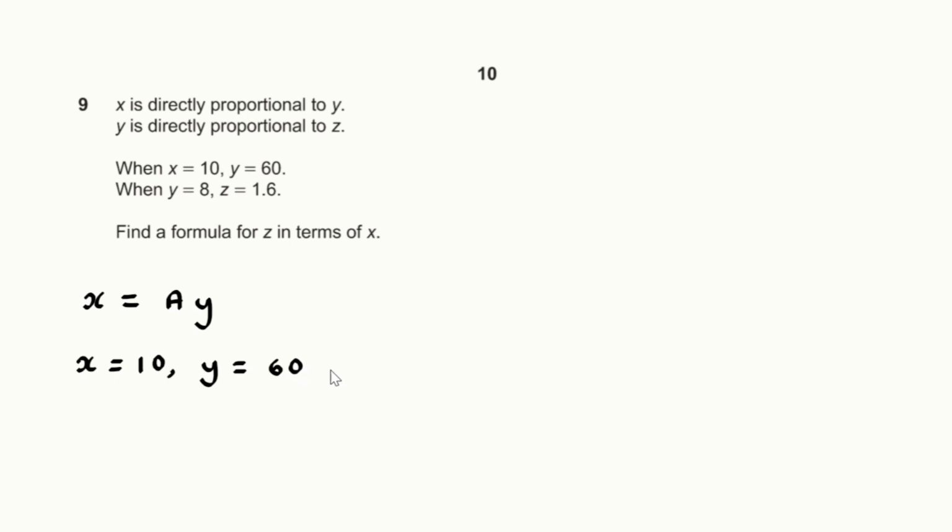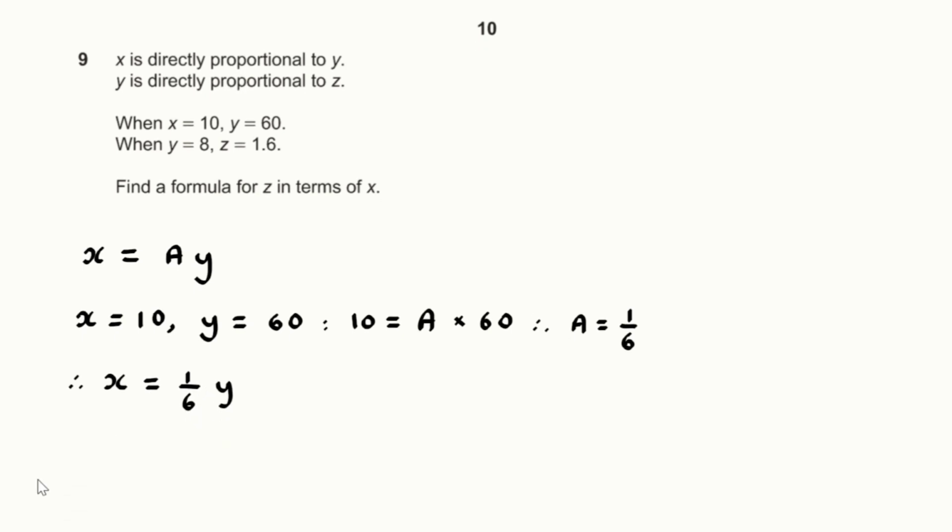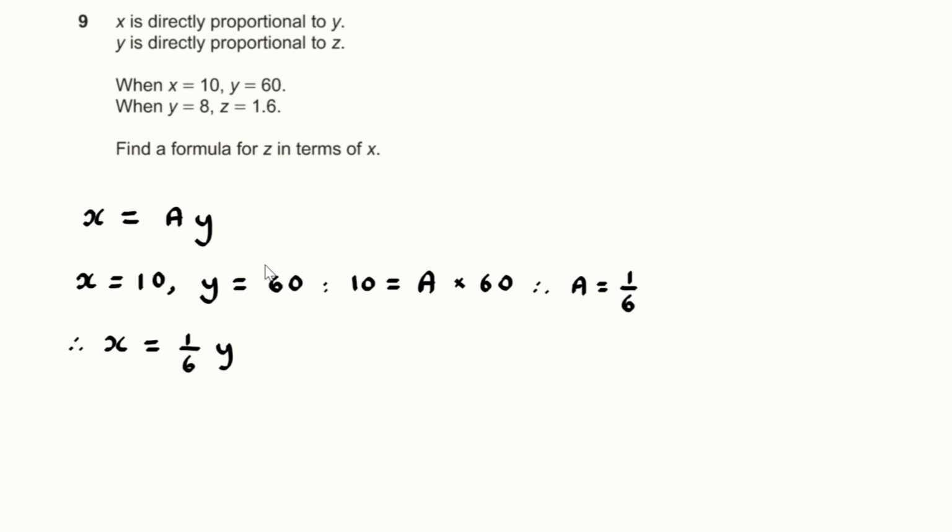Now, we know that when x is 10, y is 60, so we've got 10 equals a multiplied by 60, and therefore a is equal to 1/6. From this we can see x is equal to 1/6 y, and therefore y is equal to 6x.